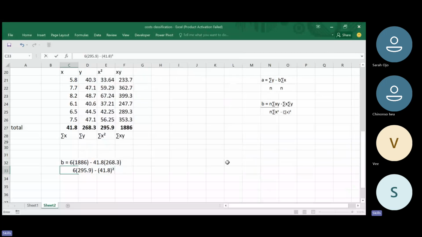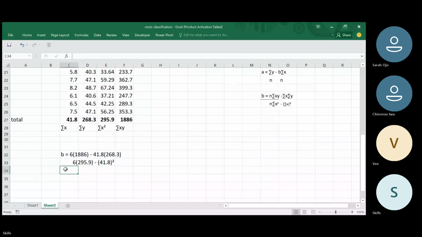So this is it, to determine the value of B. B is equal to 6 times 1886 in brackets.